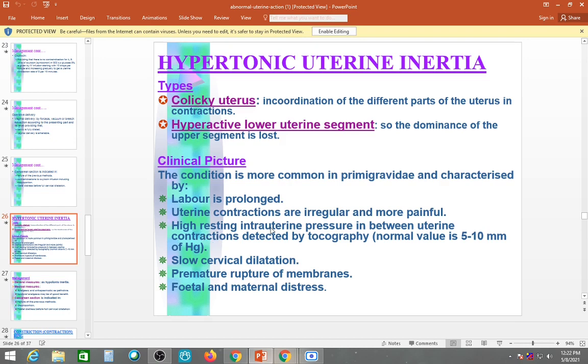Then uterine contractions are irregular and more painful, like this colicky pain, hyperactive, because the contraction is quite active.